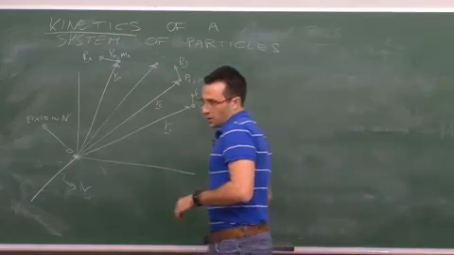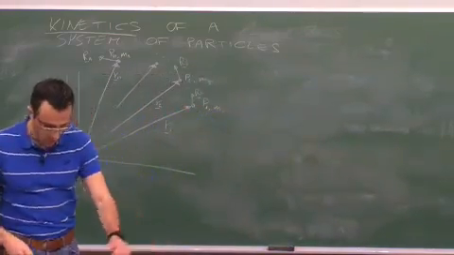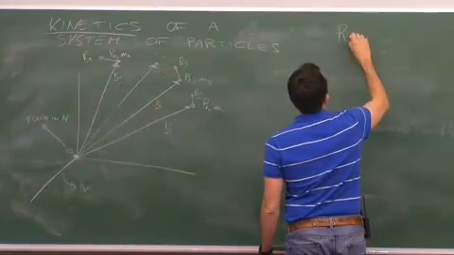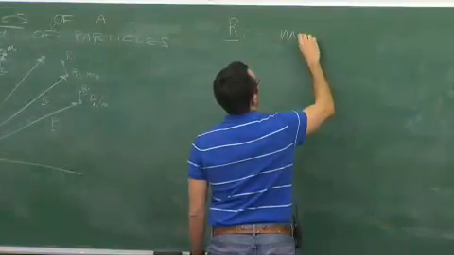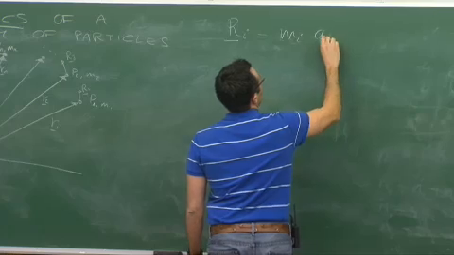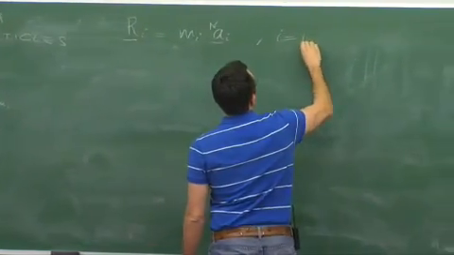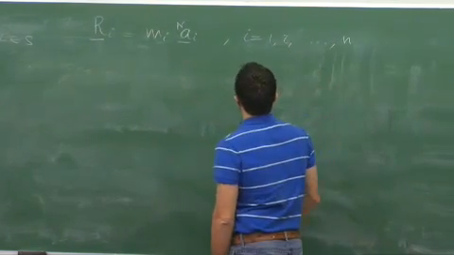Okay, so let's see what I call these forces here. I call them R. So if that's true, the one thing that I care about particularly is that Ri is equal to mi ai in N, with i going from 1 to n, right?